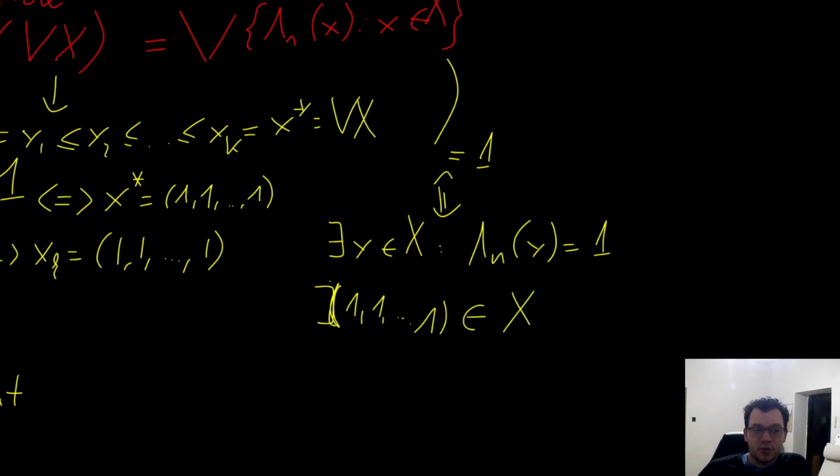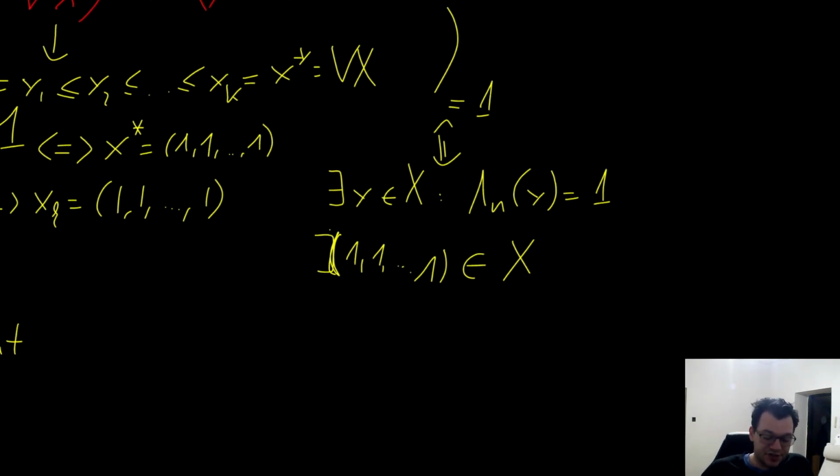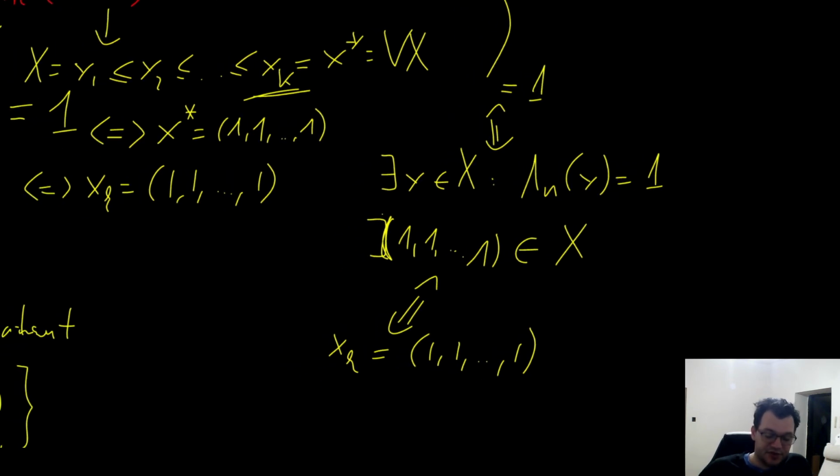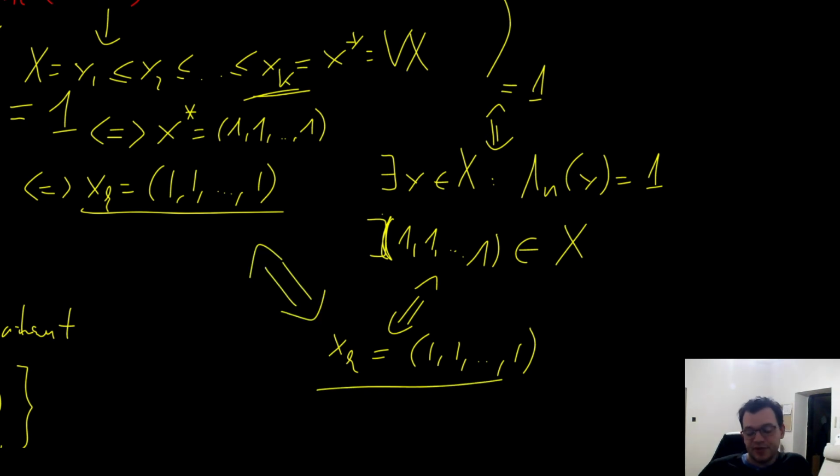But since the 1, 1, 1 element is itself the largest element of this whole poset, it will be the largest element of the chain as well. And the largest element is just xk, so again xk is the 1, 1, 1 element, because it can't be anything else than the last element. And the two sides evaluate to 1 exactly in the very same case, which means that they evaluate to 0 in the other case, when it's not happening.